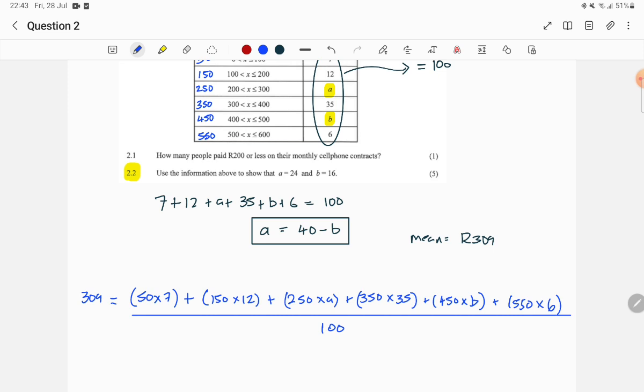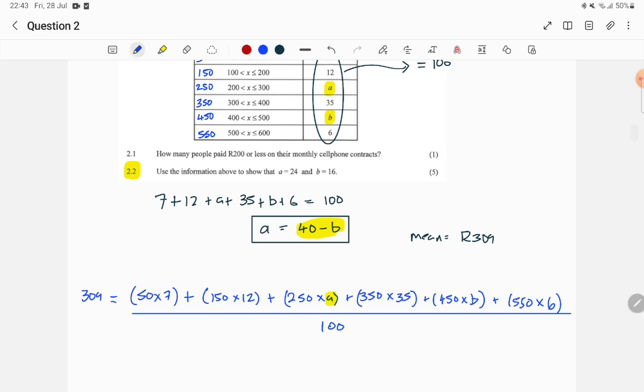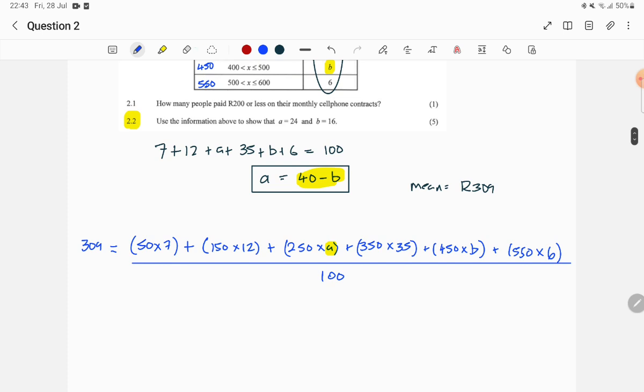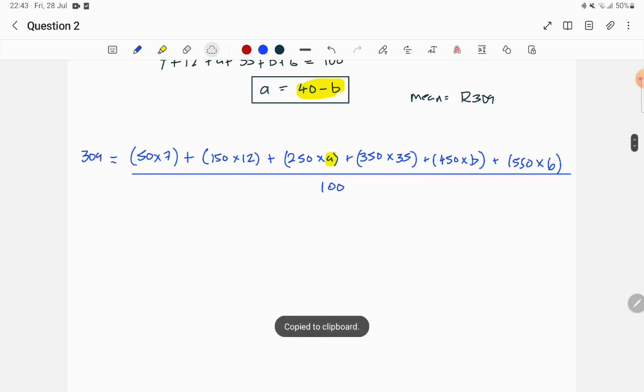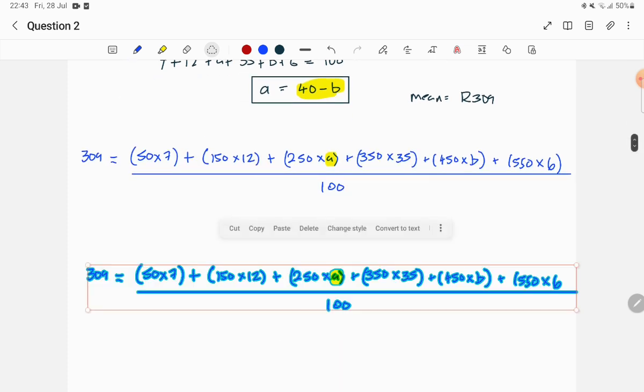But before we do that, remember again, we have two unknowns, A and B, and the equation we just worked out above allows us to get rid of one of them. So when we see A, we replace it with 40 minus B. Let's rewrite this entire thing and replace that one part.